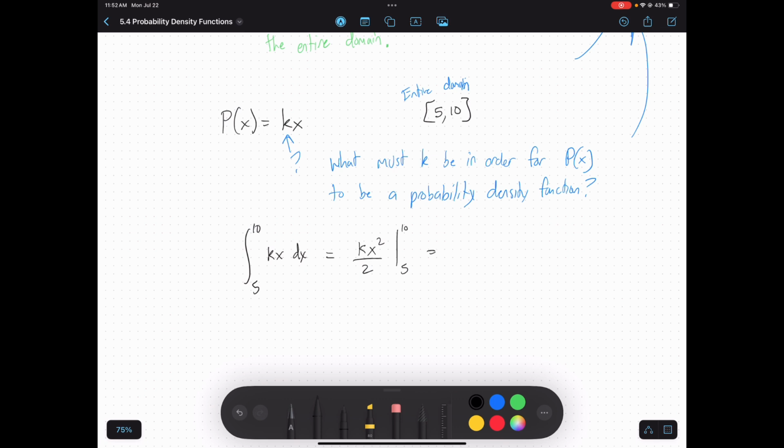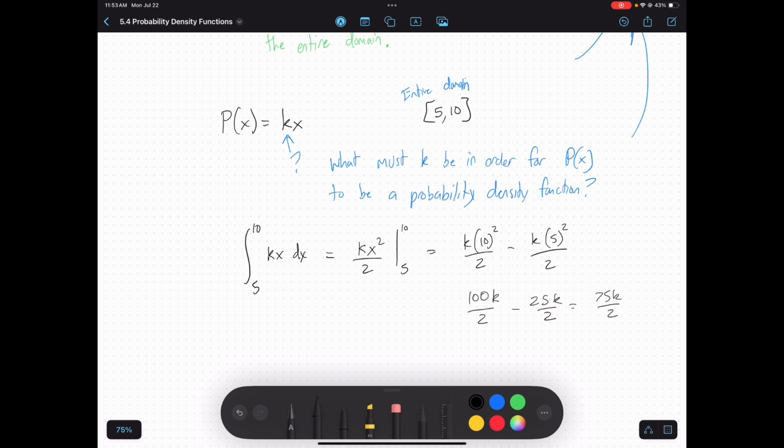Okay. Now I can plug in my bounds, and I get k times 10 squared over 2 minus k times 5 squared over 2. This leaves me with 100k over 2, which is just 50k, of course, minus 25k over 2. Simplify this. I have a common denominator, so I just get 75k over 2.